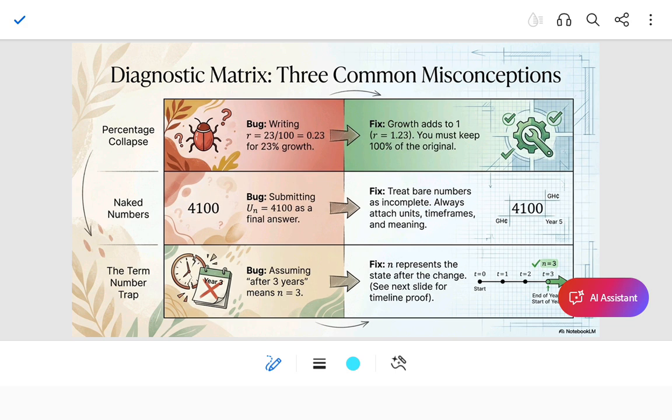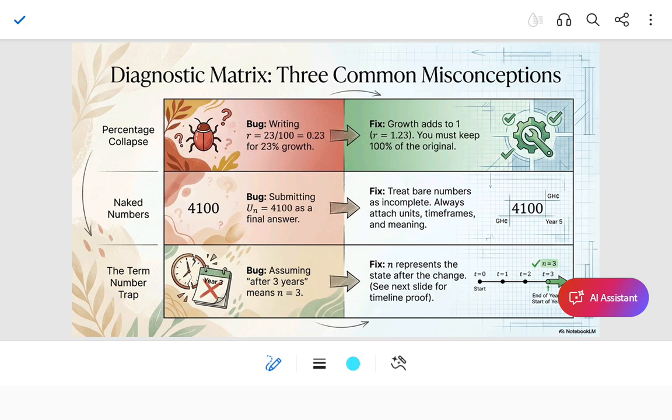No. Look here: growth adds to 1. You must keep 100% of the original. So it is always 100% plus the stated growth percentage, all divided by 100.